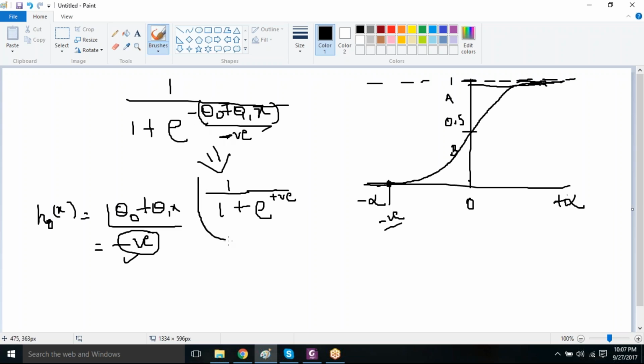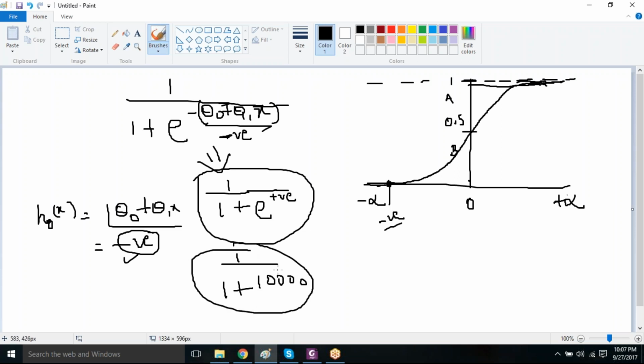So now this factor will become 1 upon 1 plus, say, 2.33 raised to the power 100. That will become a very huge number, like 10,000 or something like this. So now this whole number will tend to 0.